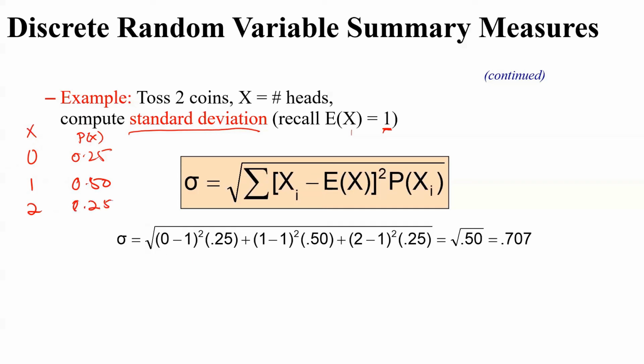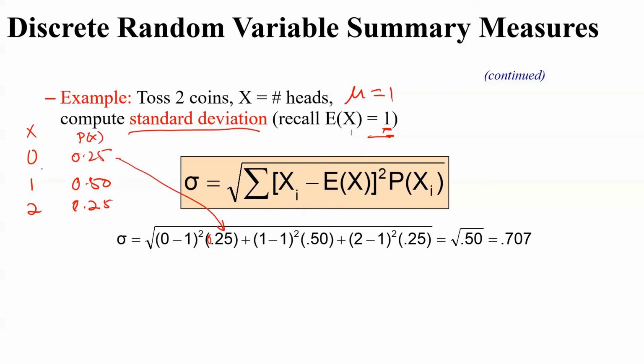Now, 0 minus the expected mean. As we know, the mean is 1, which we calculated in the previous slide. So the expected mean, or mu, is equivalent to 1. So we have x minus mu, 0 minus 1, squared, multiplied by the corresponding probability when x is 0, which is 0.25.